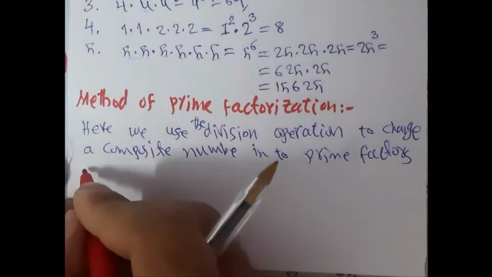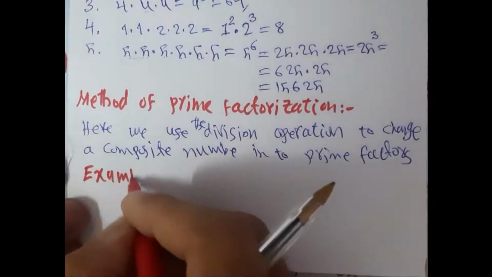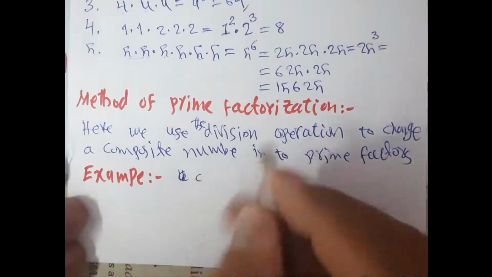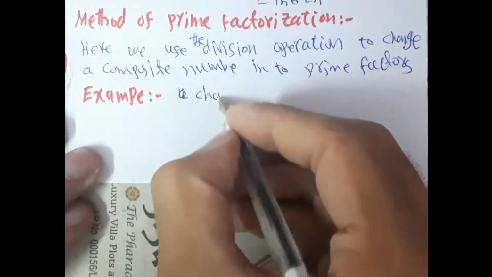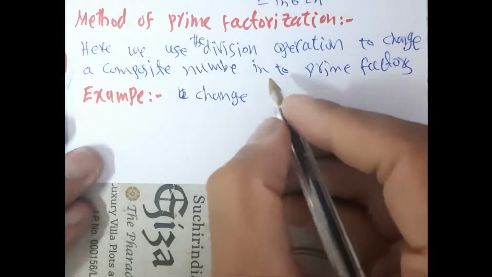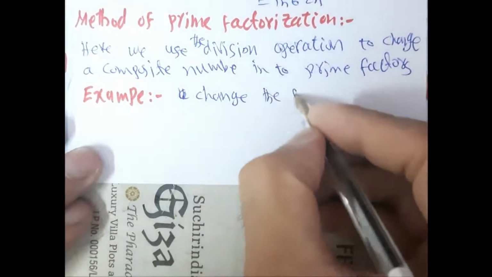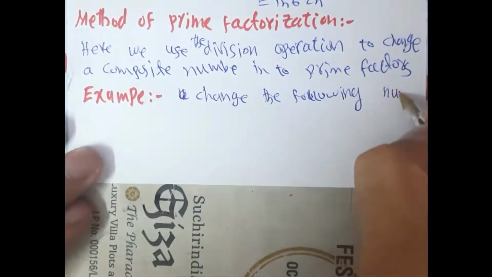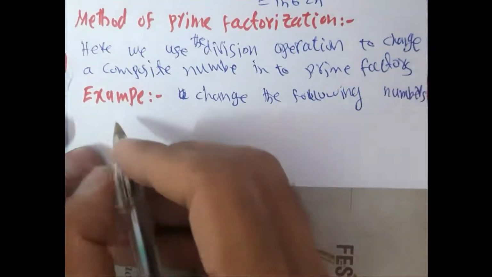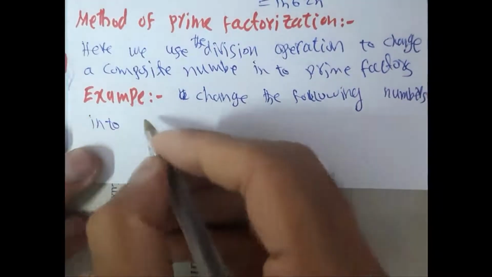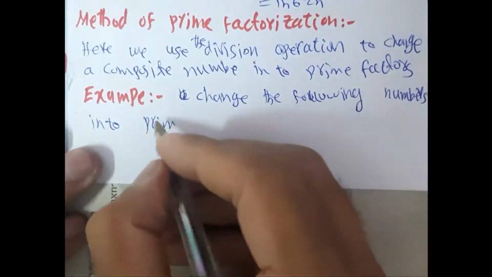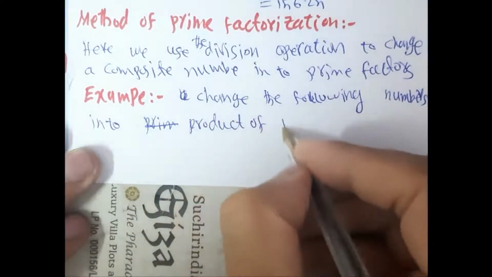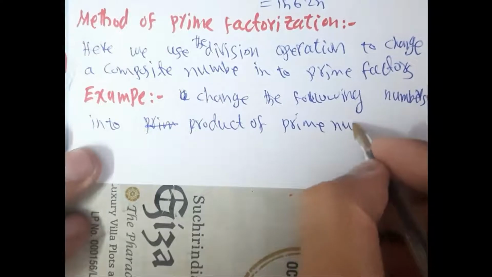Example: change the following numbers into a product of prime numbers.